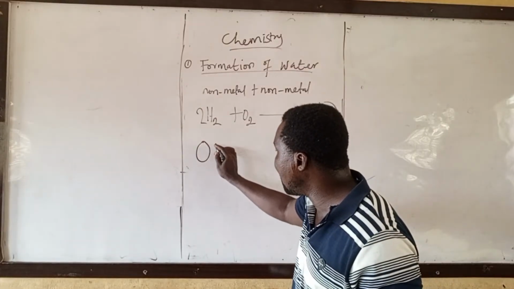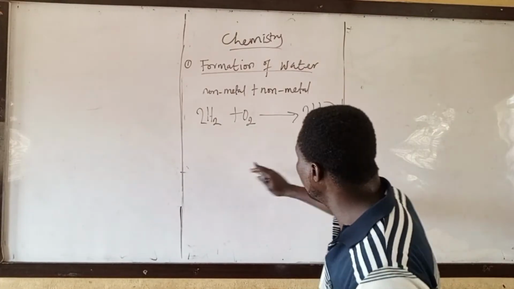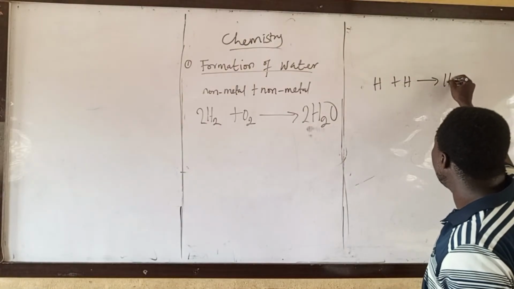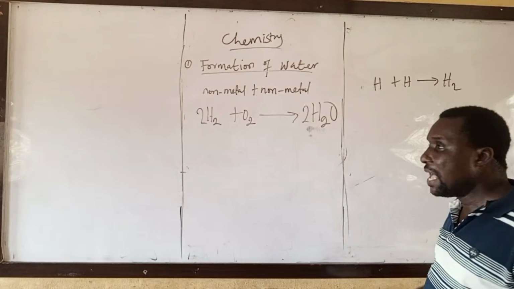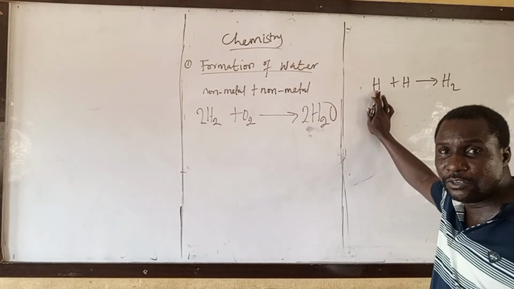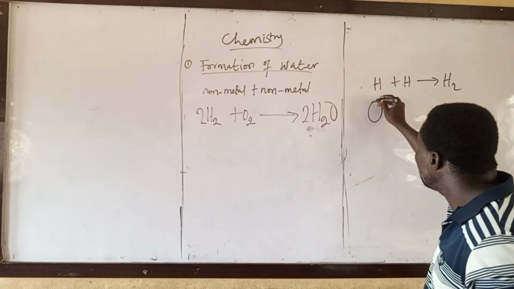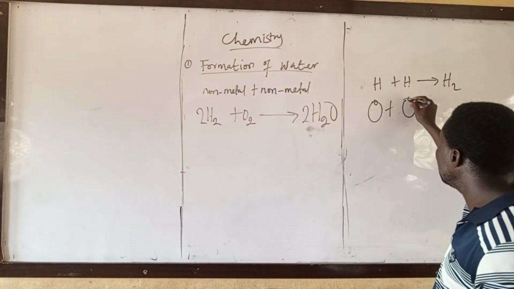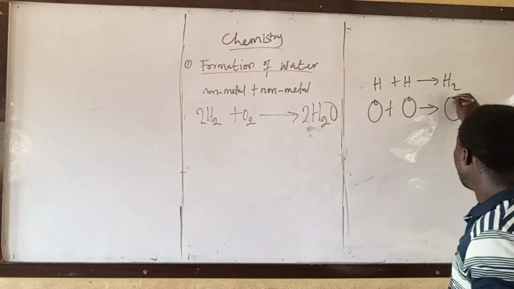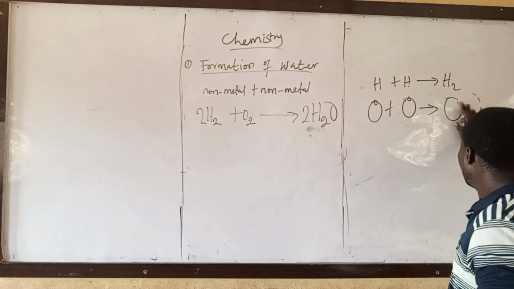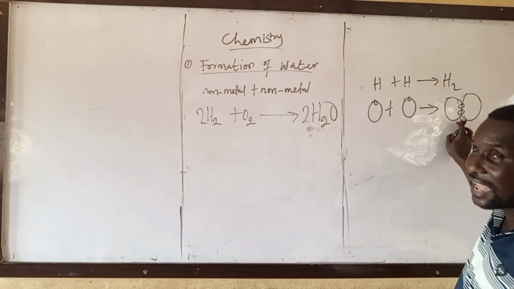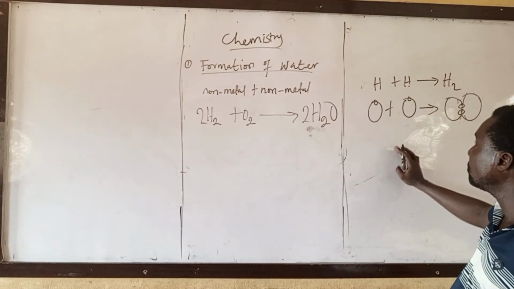When you have hydrogen plus hydrogen to give you H2, don't forget, what is the atomic number of hydrogen? 1. It has 1 electron. Plus hydrogen, 1. Both of them come together to share electron. This is hydrogen gas, H2.